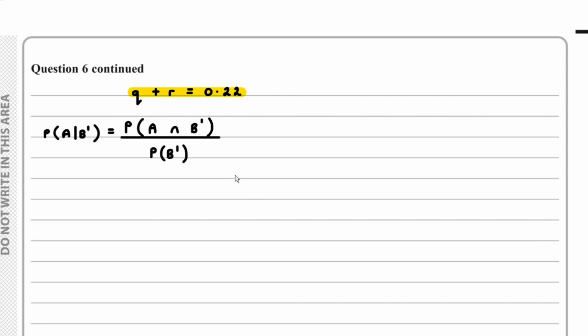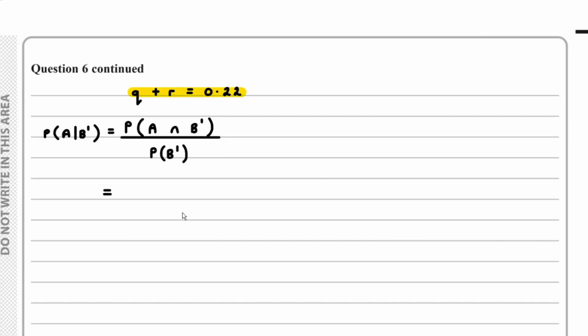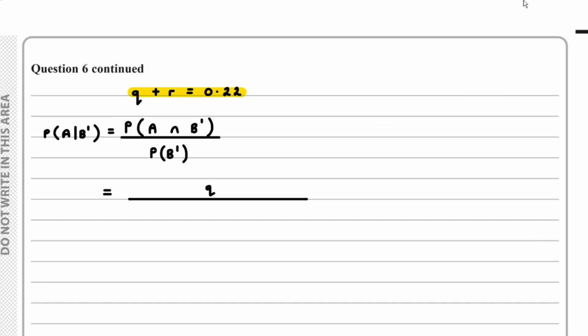So, the probability of A given not B is equal to the probability of A and not B over the probability of not B. So, everything that is A but not B, that's just this Q. And then anything that's not B, well, we have the Q, the R, the 0.25 and the 0.08, as shown here.